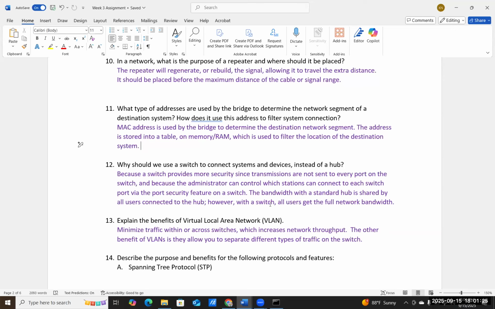So we can also use VLANs to reduce some traffic across many switches. Okay. So instead of going across 16 segments, we can force it to use only that one switch for that network. So that would reduce your bandwidth use.